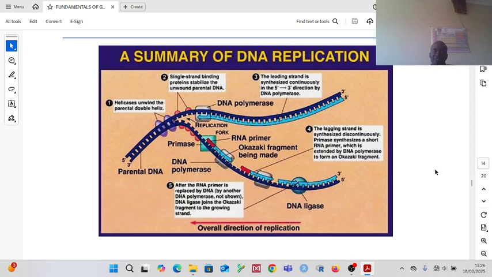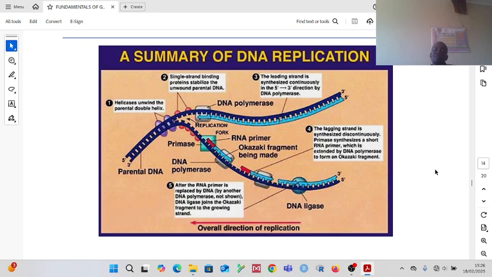If this replication has to take place outside our bodies, then we call it an in vitro process. And now the question is, do we ever have DNA replication taking place in vitro? The answer is yes.